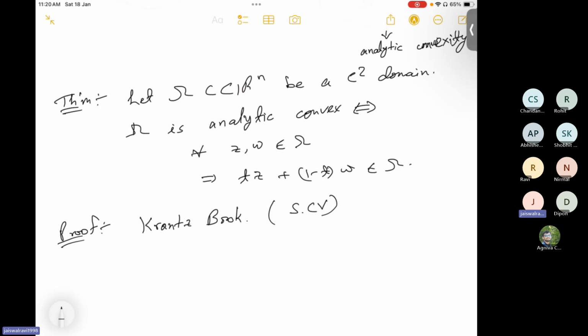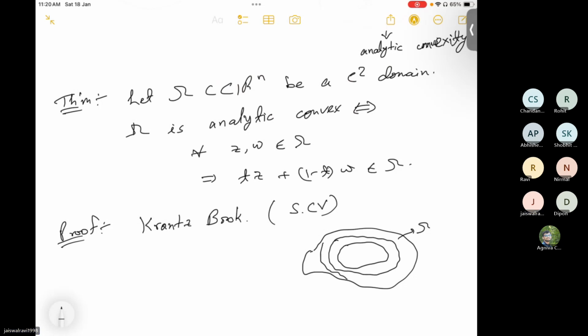I can give the idea. To prove the forward direction, if you take any omega which is analytic convex, then you can exhaust this omega by strongly convex domains. For a strongly convex domain, we have proved in the last proposition that it is convex. So using the previous result, you can prove that this analytic convex domain will be geometrically convex.